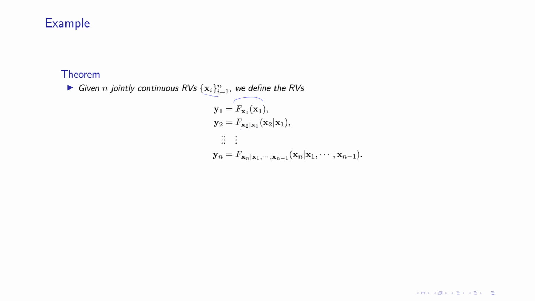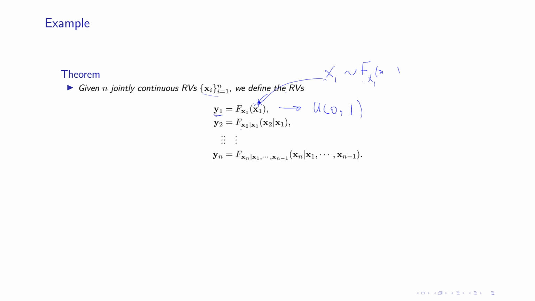Now, if I define a random variable y1, because usually here I don't have a random variable, but if I substitute random variable x1 in its distribution, remember that x1 has a distribution of fx1 of x. If I generate x1 using this distribution, and if I use the same CDF to define this one, we have seen in one of the earlier chapters that this has a uniform distribution over the interval of 0, 1.